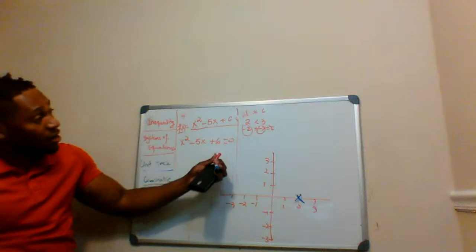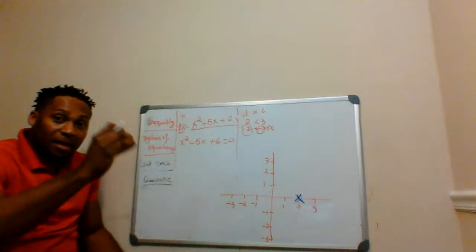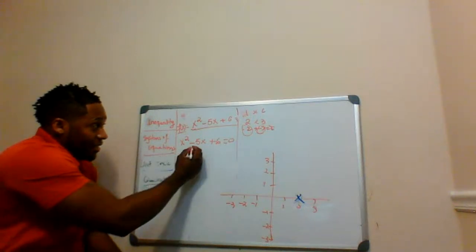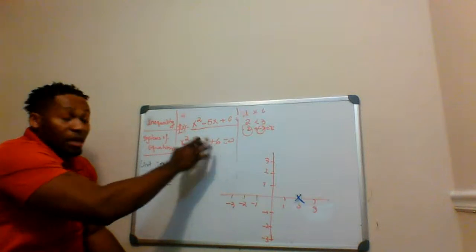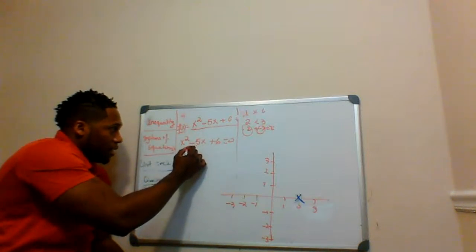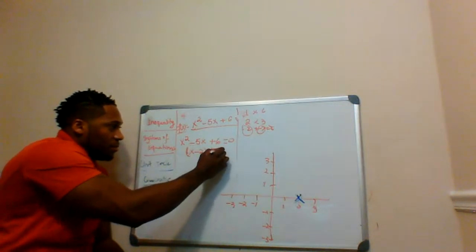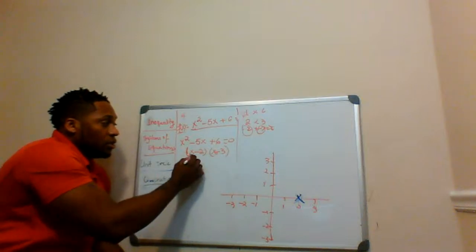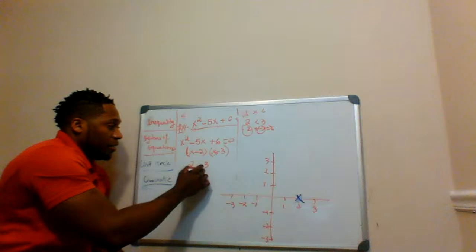We need 2 numbers that, when I add them together, I get -5, and when I multiply them, I get 6. So those 2 factors are x minus 2 and x minus 3, if I was factoring this out. So that means 2 and 3 are roots of this equation.